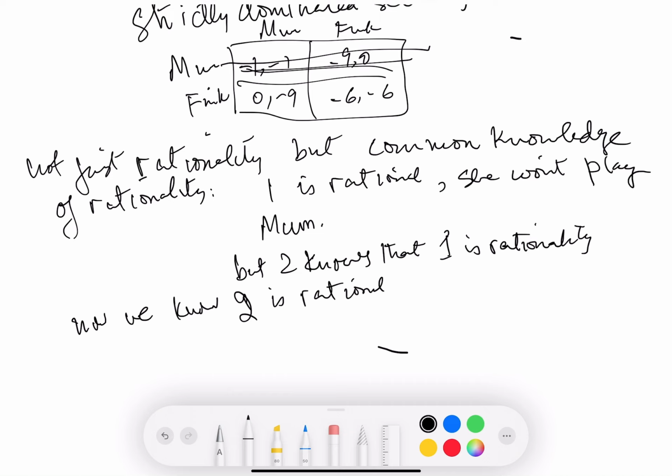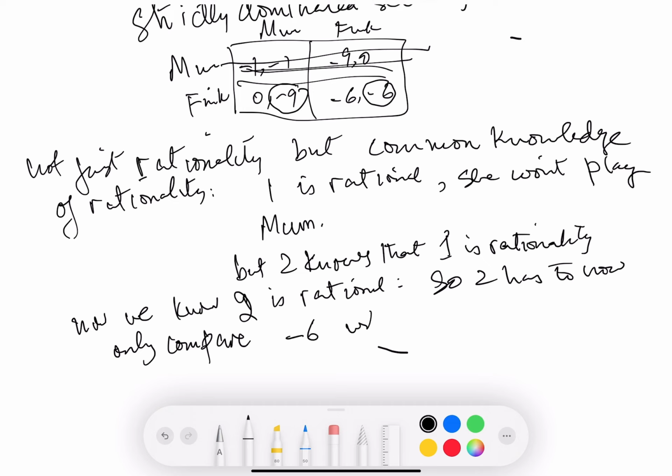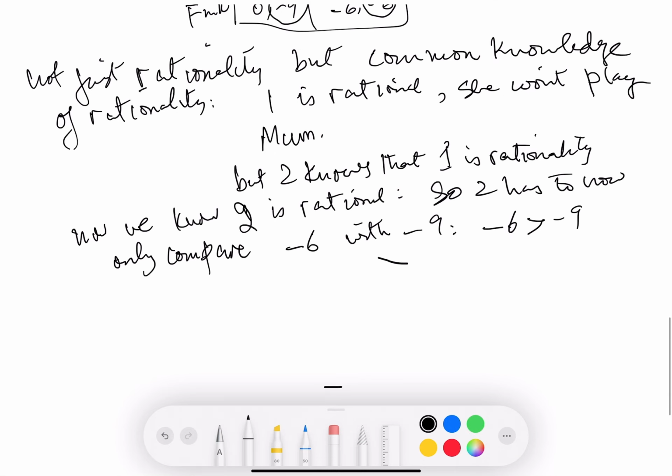Two has just a very simple decision now, just to compare this with this. -6 with -9. Well, we know -6 is strictly greater than -9, which means a rational 2 will also not play mum.